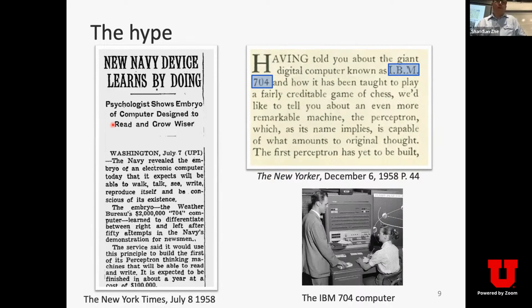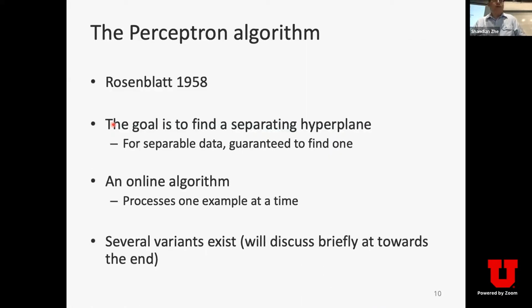Nowadays, people talk about AI and think that large language models or other artificial intelligence algorithms are showing intelligence. The same thing happened 70 years ago. But later, people found that the perceptron is essentially just a learning algorithm for linear classifiers.